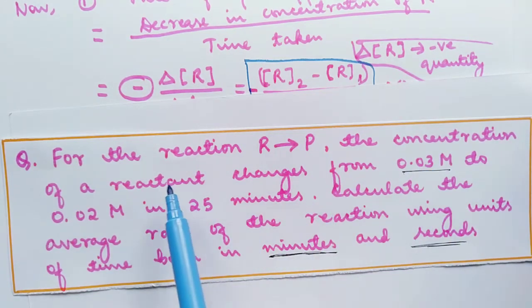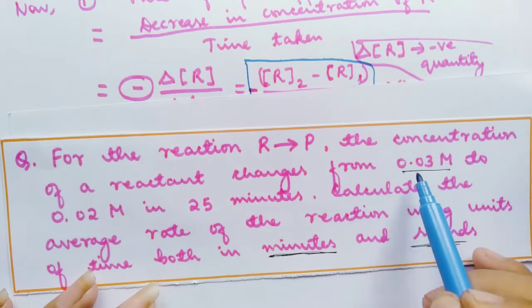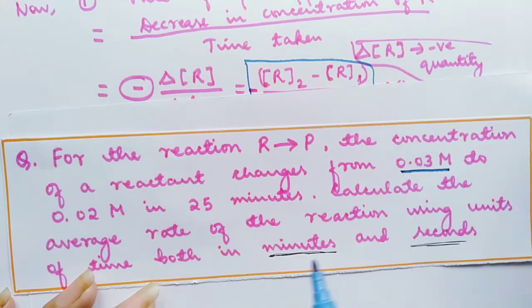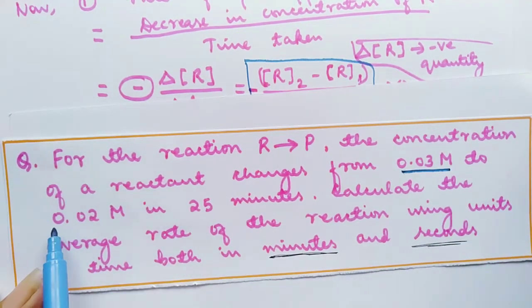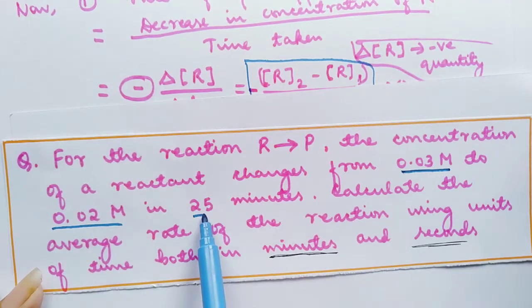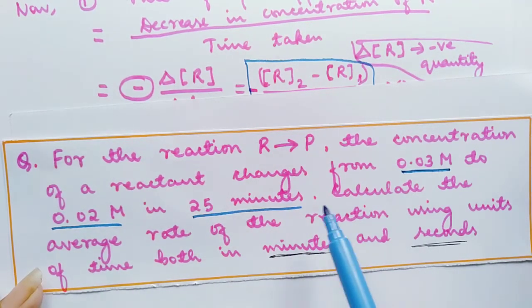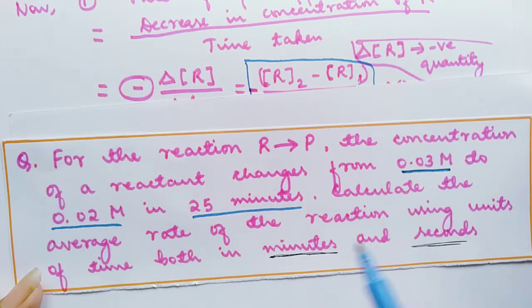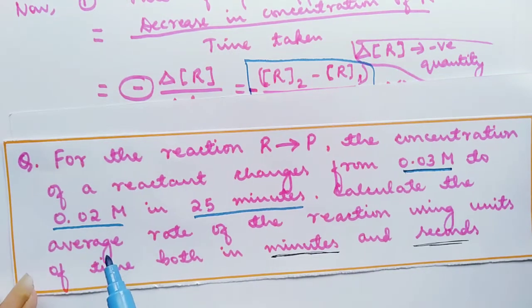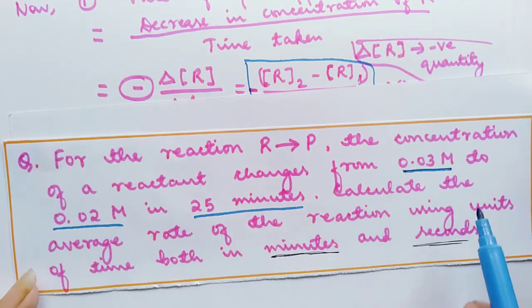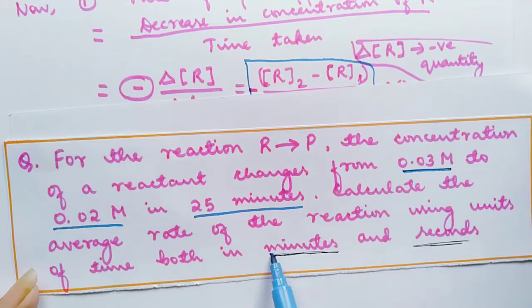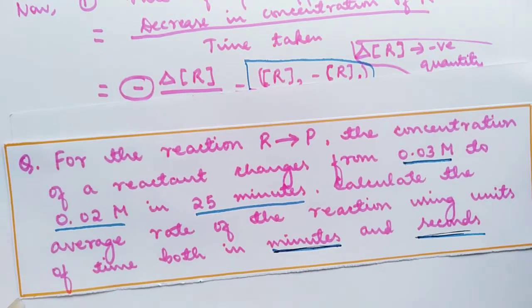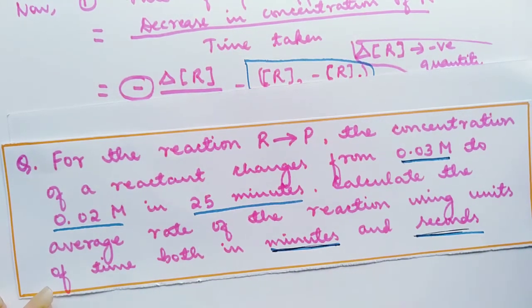Now we see that the concentration of the reactant changes from 0.03 molar to 0.02 molar in 25 minutes. There is a decrease in the concentration of the reactant as the reaction proceeds. We have to calculate the average rate of the reaction using units of time both in minutes and seconds. Okay, let us do this one.